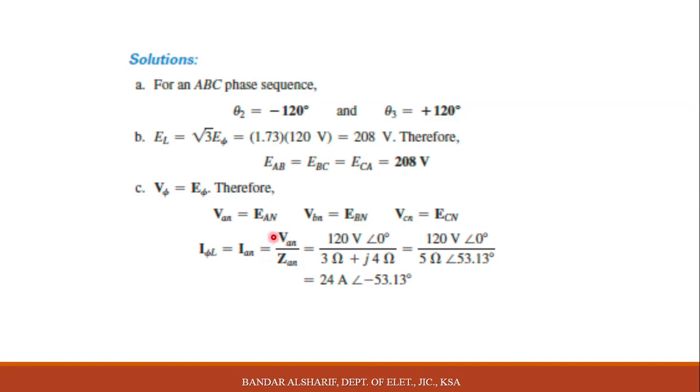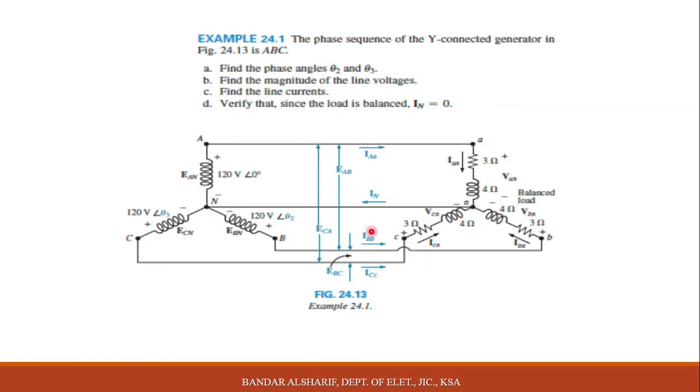If you divide VAN, since we have its value 120, by Z, see here, each phase has a resistor and inductor. The value for the resistor is 3, and here 3, and here 3. The inductor is 4 ohm, and here 4 ohm, and here 4 ohm.